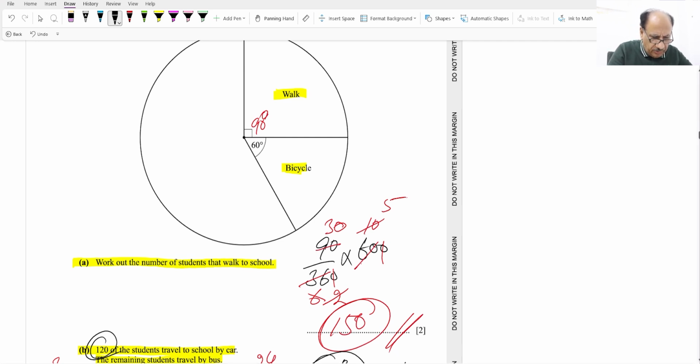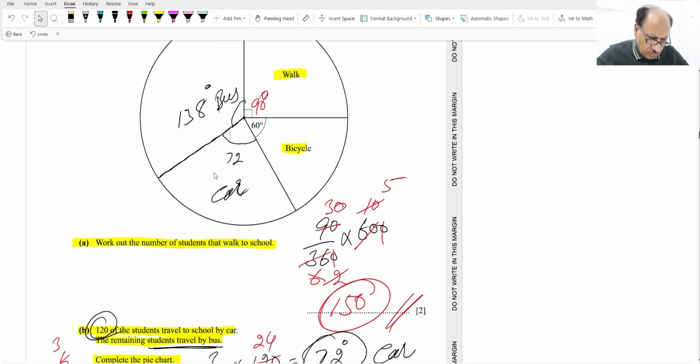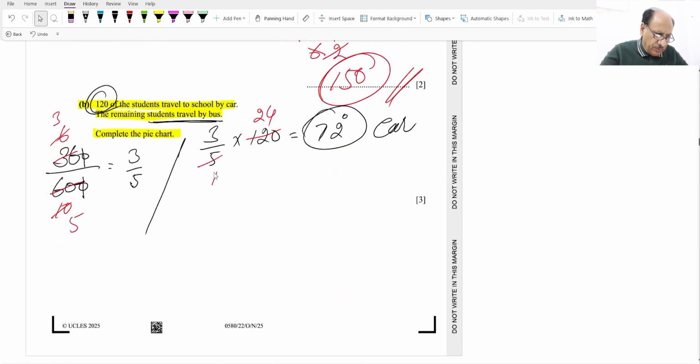So it will be around 72. We can take this one as 72, and this will be car. And the remaining angle, if you check, will be 138 degrees, and this will be for buses. So this will be 138, and this is how you can complete the pie chart.